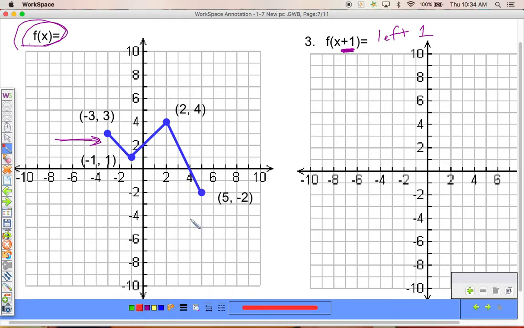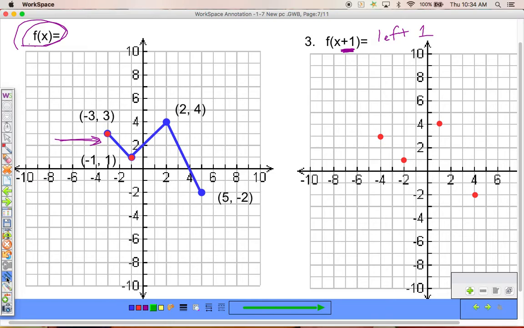I'm going to take the point -3, 3, and move it to the left 1 to -4, 3. I'm going to take the point -1, 1 and move it to the left 1 unit to -2, 1. 2, 4, left 1 is going to go to 1, 4. 5, -2, left 1 is going to go to 4, -2.